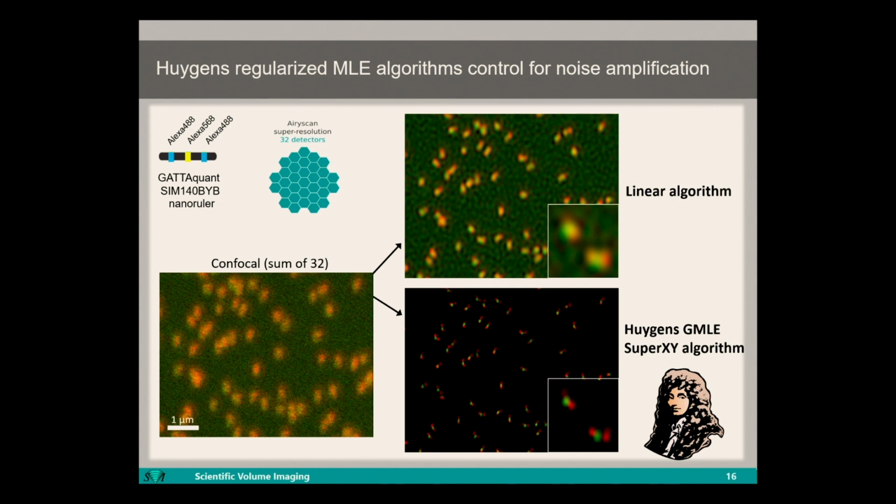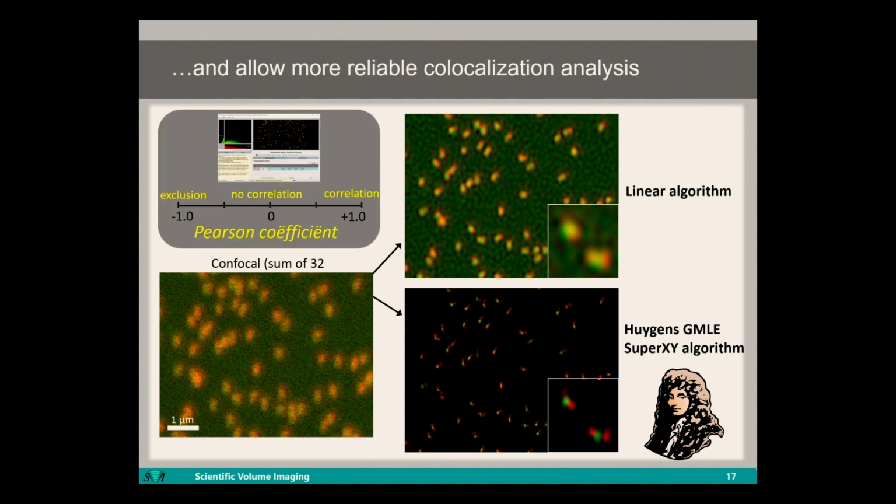In the next experiment, we show the effect of noise amplification or background in general on colocalization analysis. If we do colocalization analysis, we can focus on a Pearson coefficient. The Pearson coefficient is 0 if there is no correlation between the channels.